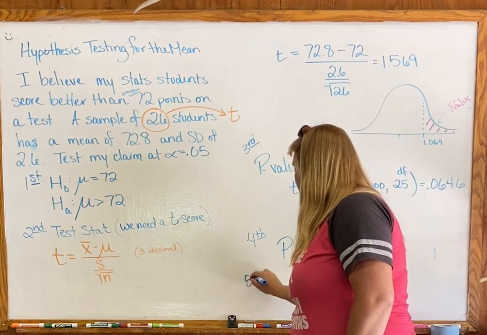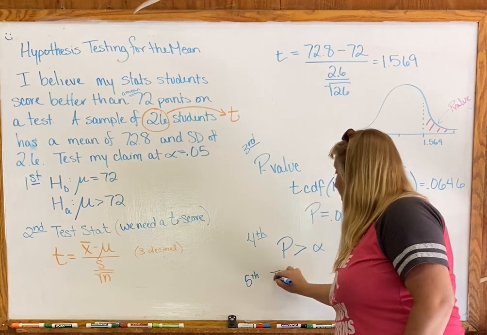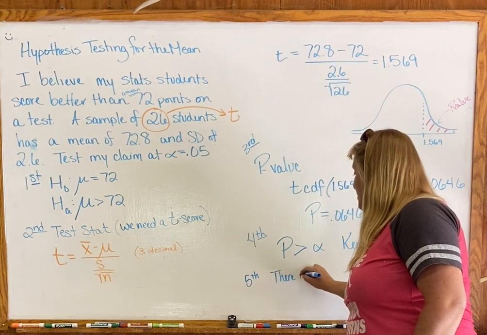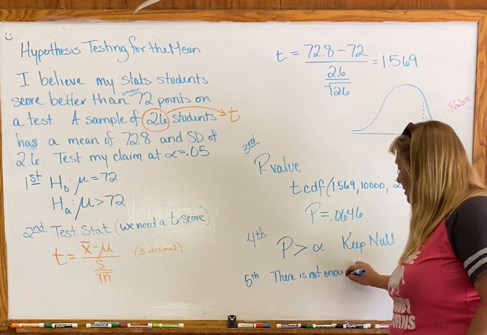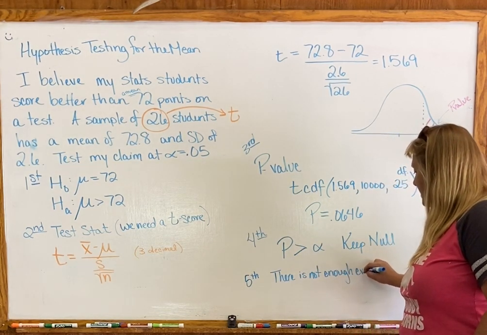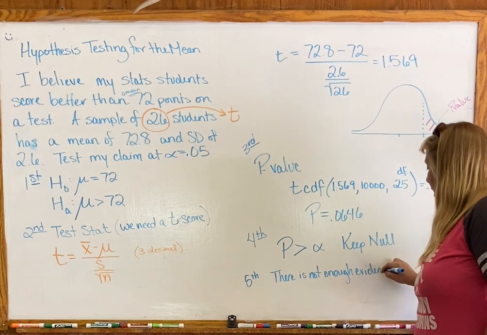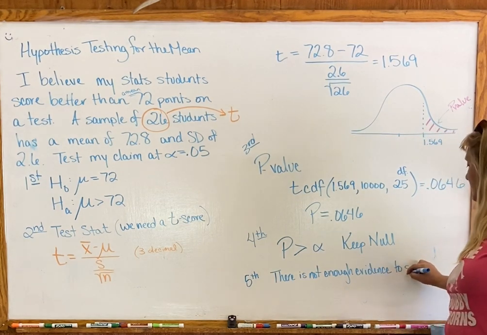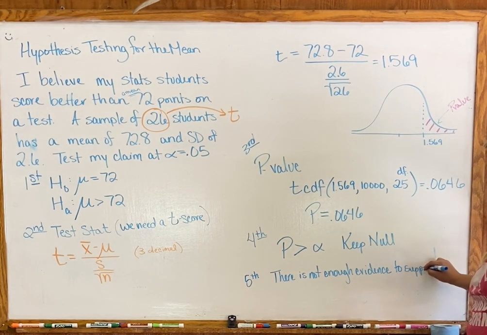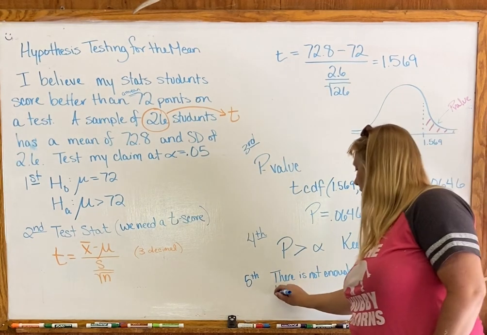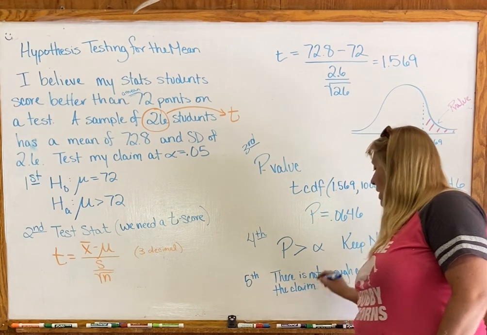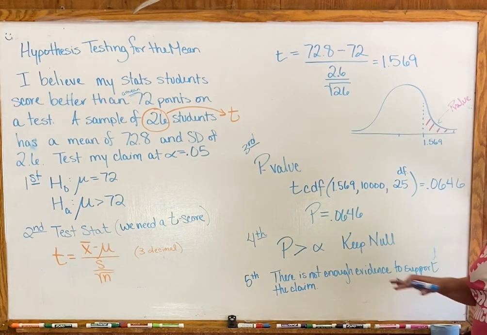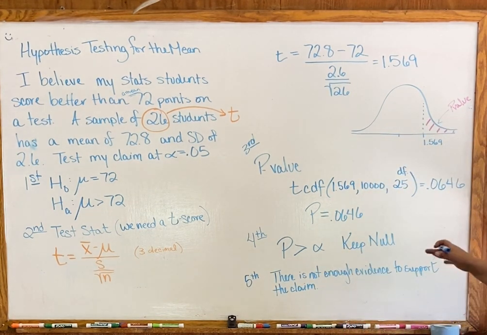So for our fifth step, we say, there is not enough evidence to support the claim. We don't even need to say what the claim is, and it's better that you don't. You just say there's not enough evidence to support the claim.